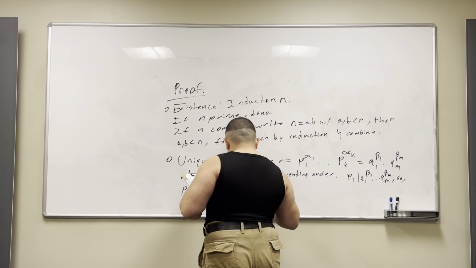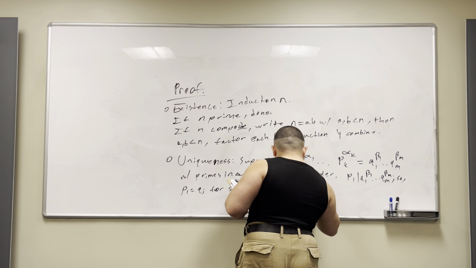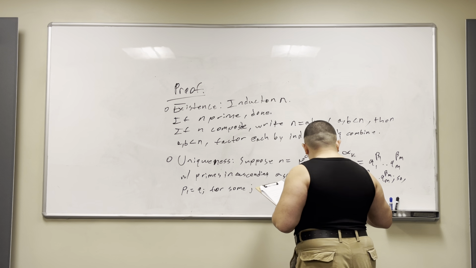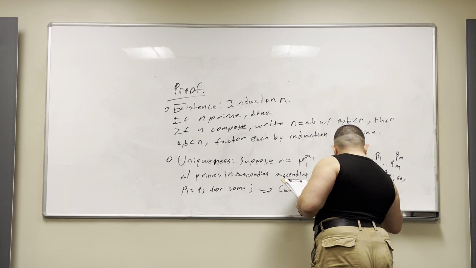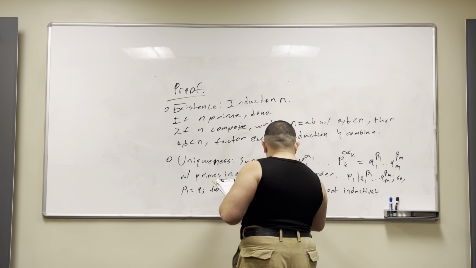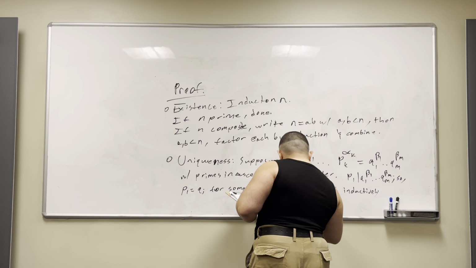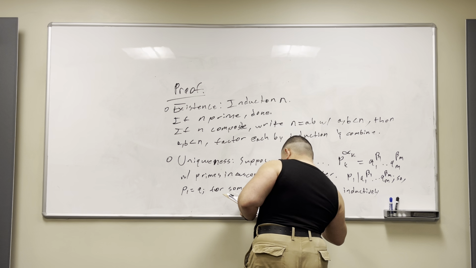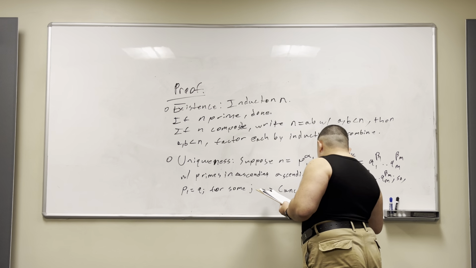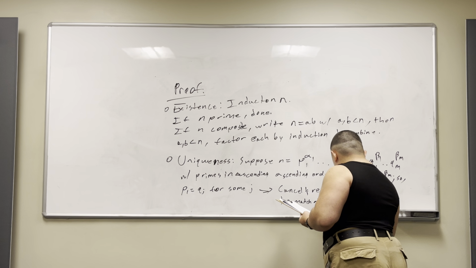And what we have from that is that we can actually cancel and repeat this process inductively to match all primes and exponents, such that each p must equal a q.